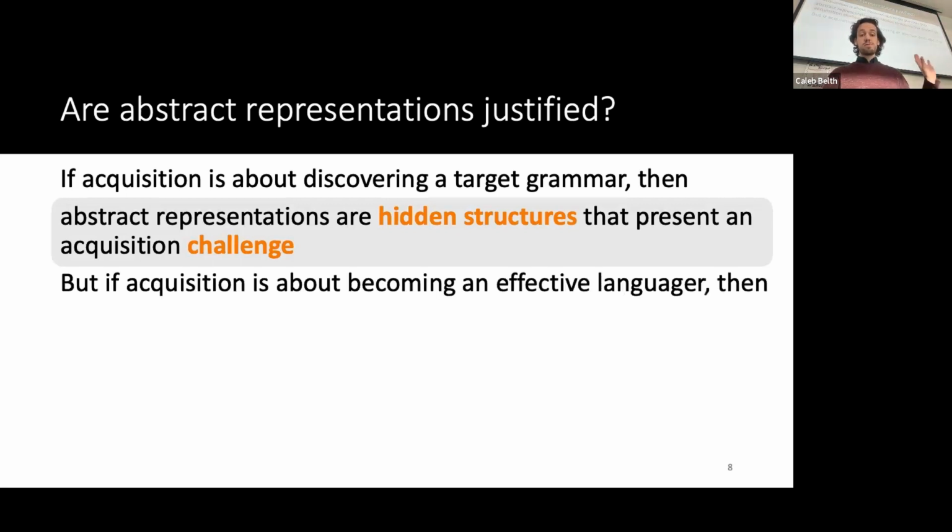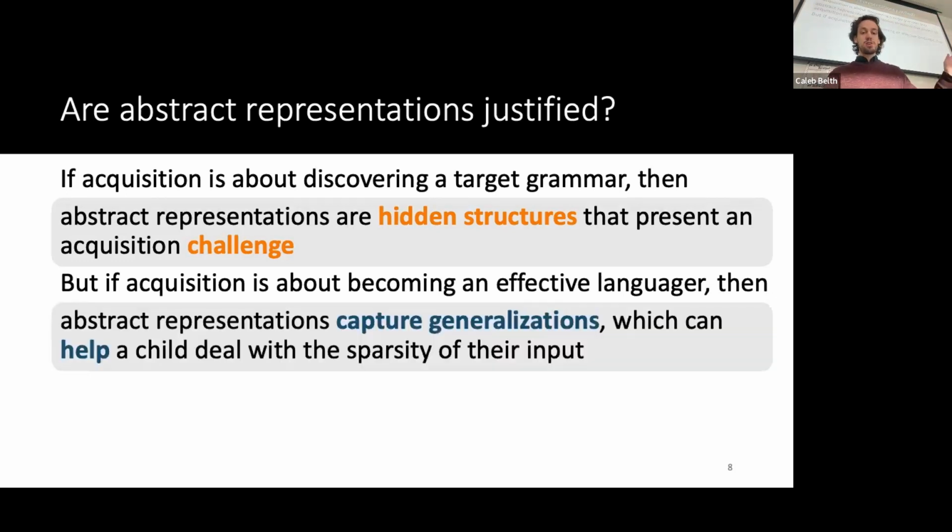But I'd like to suggest that on the flip side, if we think about acquisition as just becoming an effective languager, somebody using language, then we know that abstract representations can capture generalizations. That's what we were doing in the first examples. We were capturing generalizations across the lexicon. And generalization is quite important to language acquisition for reasons we'll get into in a minute.